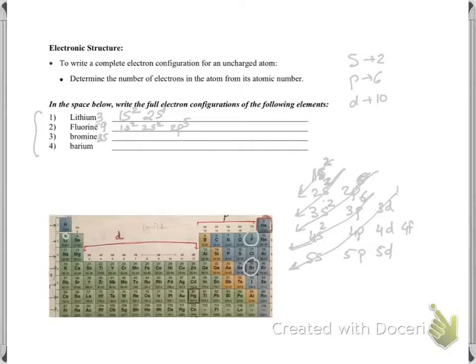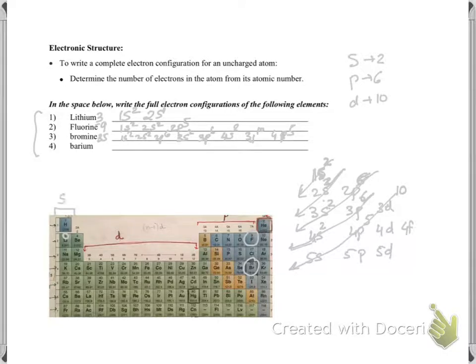Then here 3d10. So 2 plus 2 is 4, plus 6 is 10, 12, 18, 20, 30. So after 3d it is 4p. So 1s2, 2s2, 2p6, 3s2, 3p6, 4s2, 3d10, 4p5.